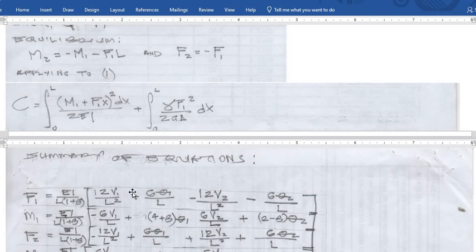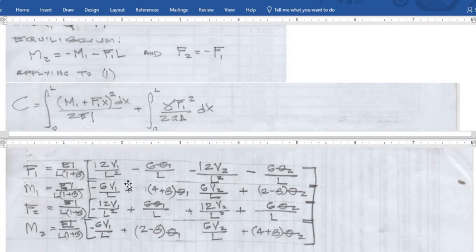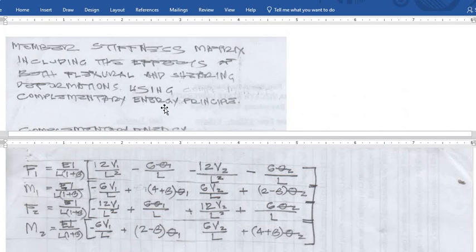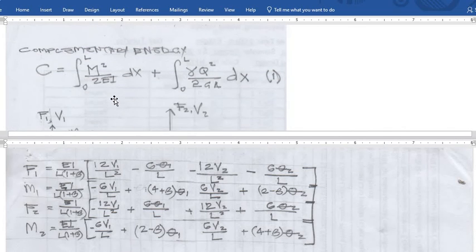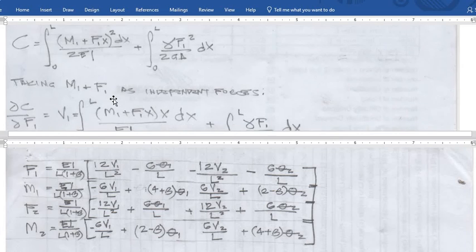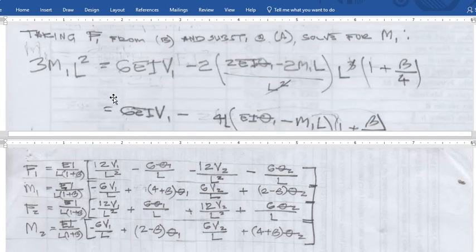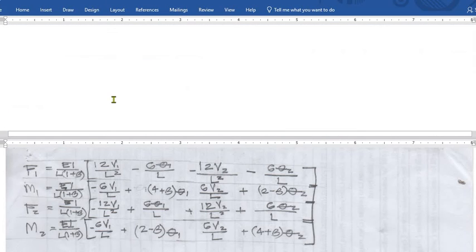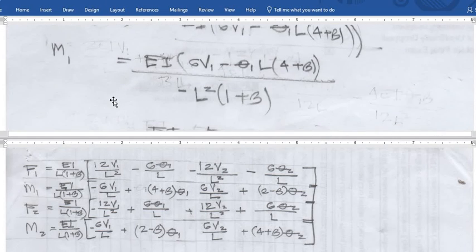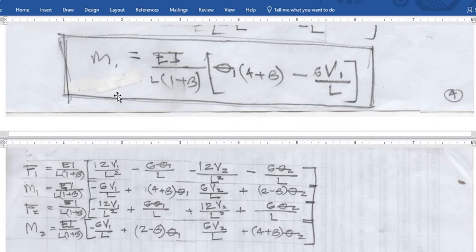So, let's now summarize the equations in terms of F1, M1, F2, and M2. From complementary energy, the first one we solved here is M1. So, EI divided by the quantity L all over 1 plus beta.